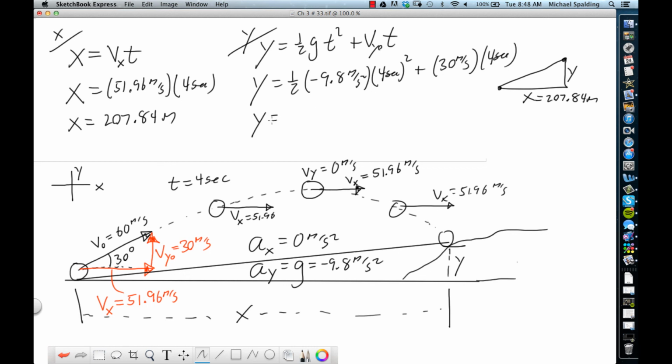And then y comes out as positive 41.6. So we now have our y. And now we can solve for the straight line distance. You do the Pythagorean theorem and you get 212 meters. The straight line distance is 212 meters.